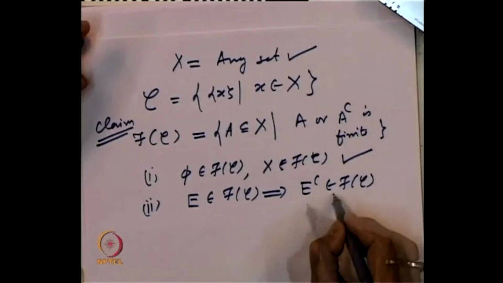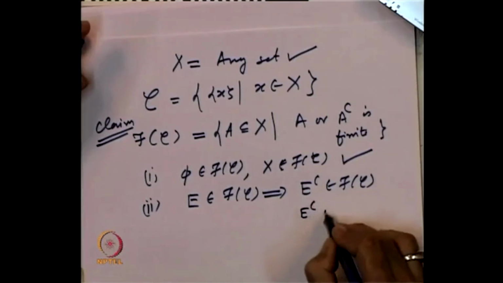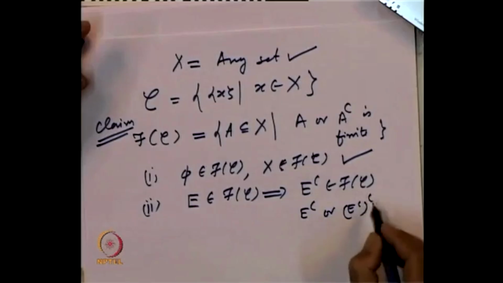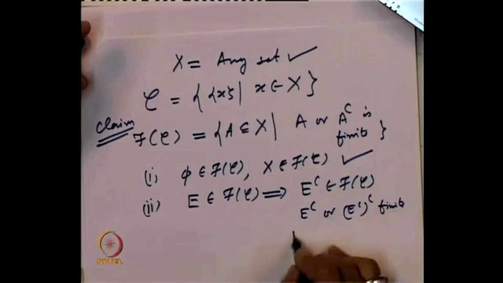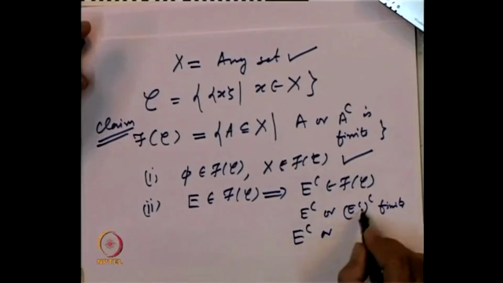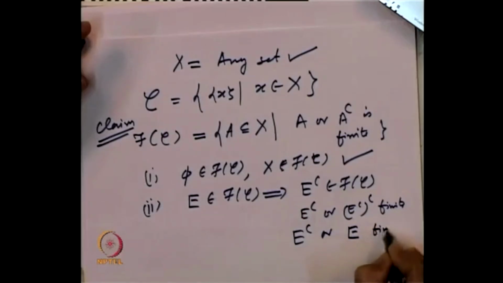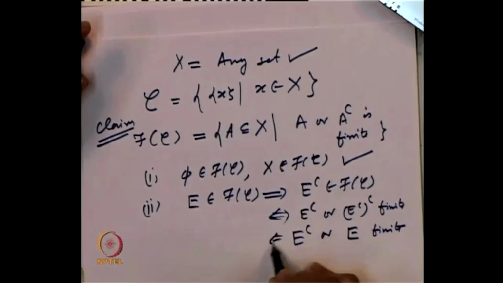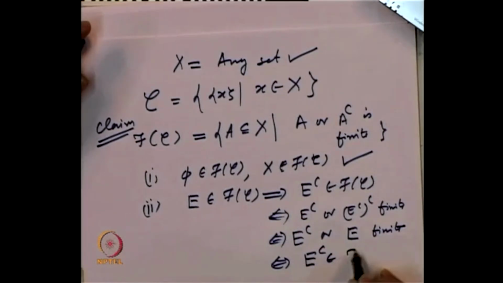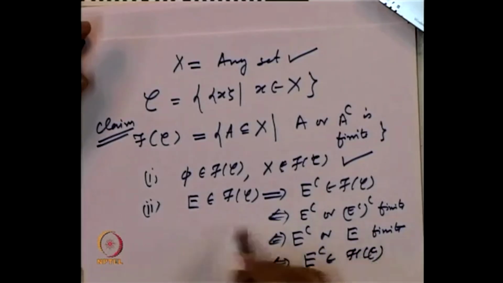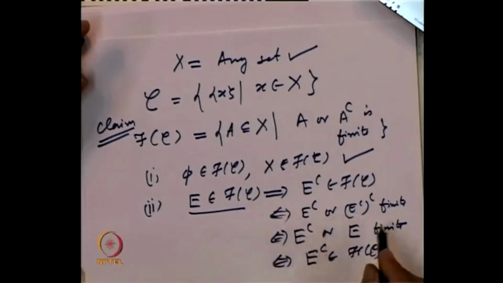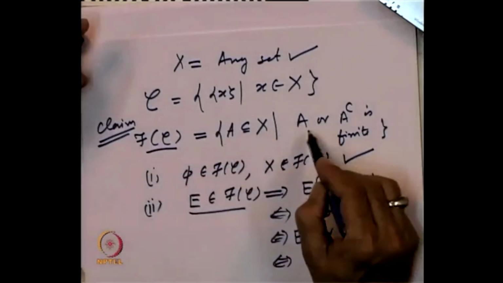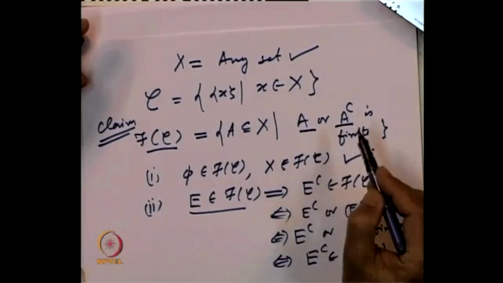So this will be true if and only if E or E complement is finite, which is the same as saying E belongs to f of C. So E belonging to f of C is true if and only if E complement belongs to f of C, because our definition of f of C is symmetric with respect to A and A complement.